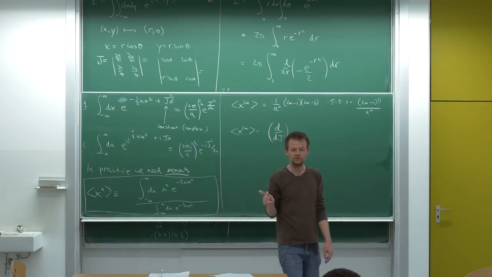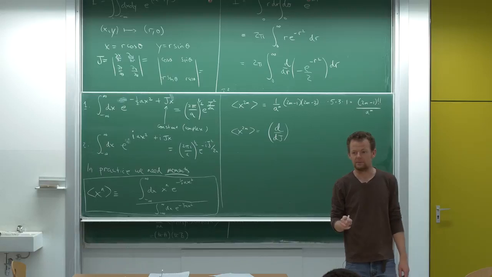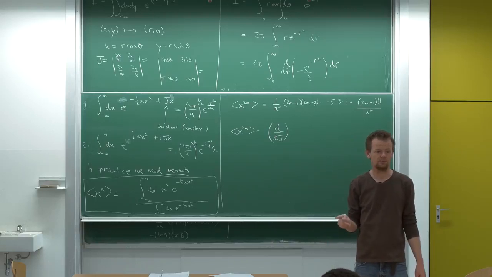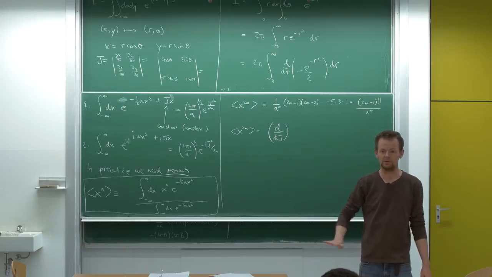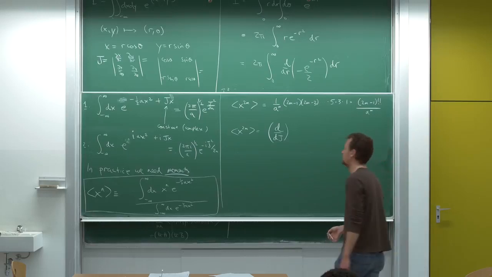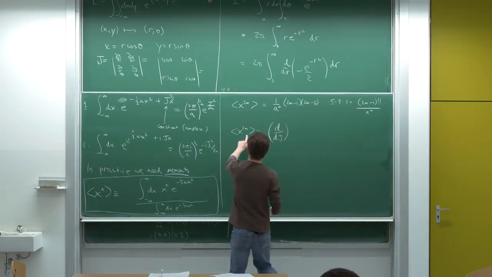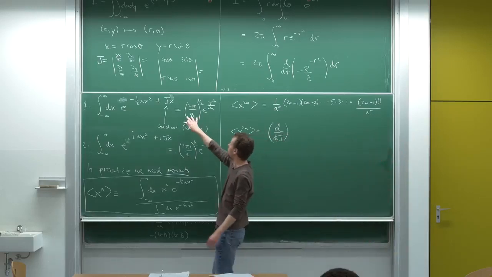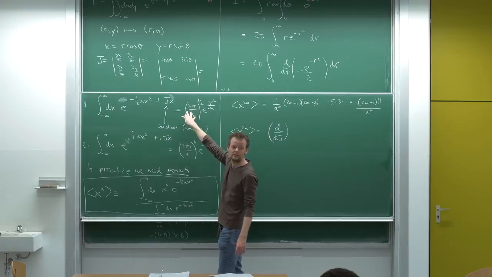Okay, if you have to do an integral, then you don't really like that because you have to do this numerically. But if you can reduce a problem to evaluating a derivative, then you have an algorithm. So the way to evaluate this object here is by carrying out derivatives.